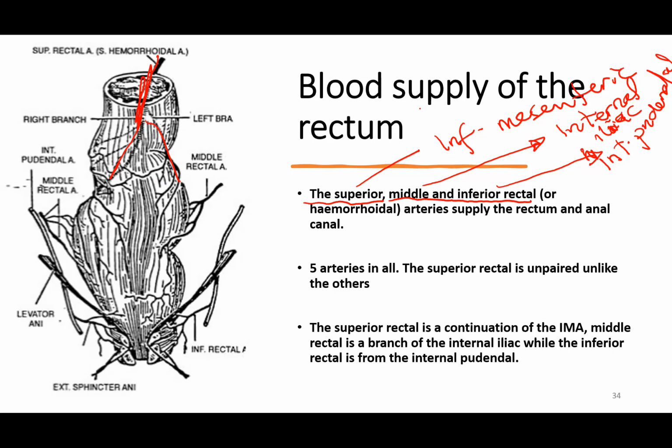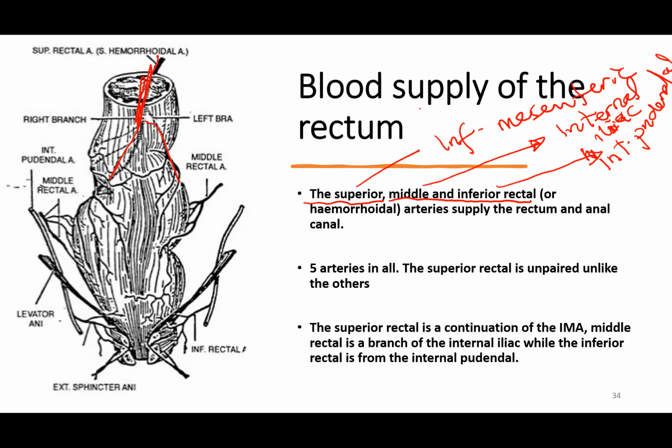Okay? So, 5 arteries in all. Superior rectal artery is unpaired, unlike the others. You see, it just comes from above but divides into 2 branches. And each of the branches will now anastomose with those other branches below.